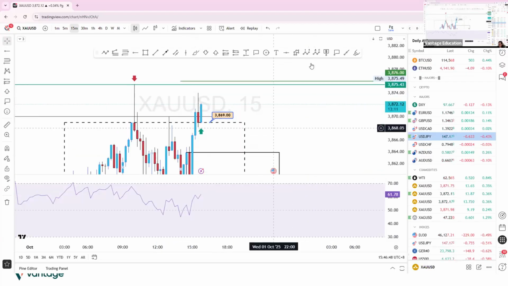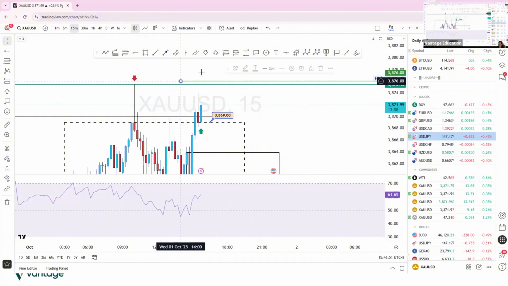Meaning that above the all-time high, this is gonna be the TP1.